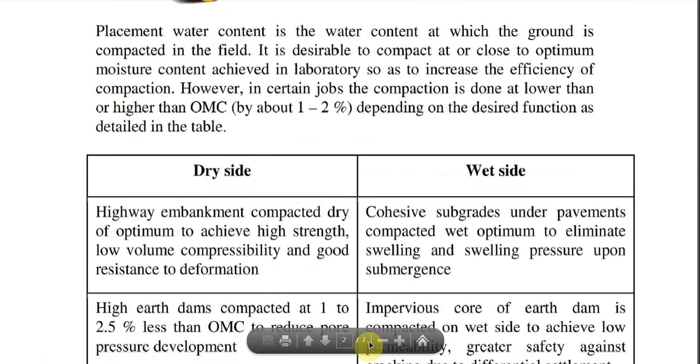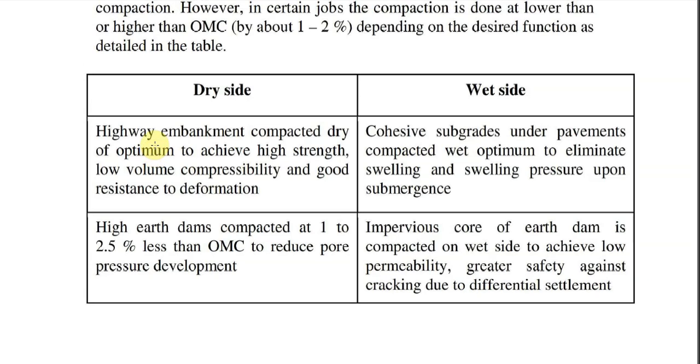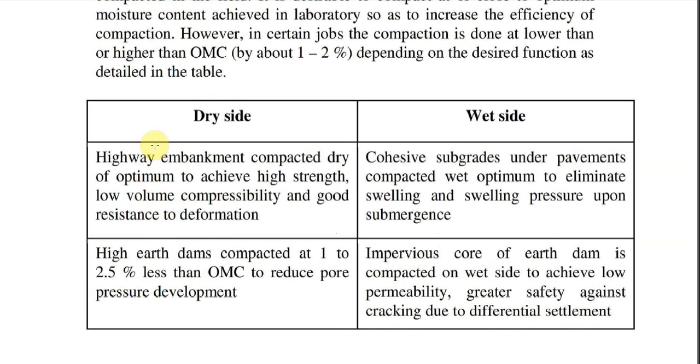Okay, can you see this table? Table dry side and wet side. Can you see this table? This is very important. What I'm talking about, it is a practical aspect.